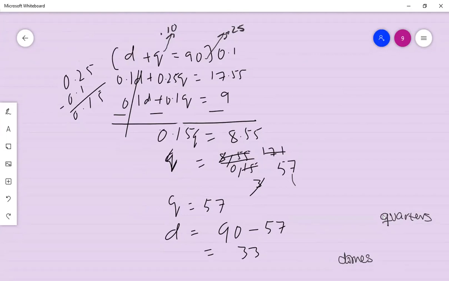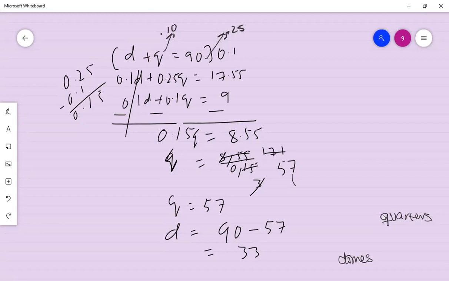All right, so D plus Q equals 90, times 0.1, right? You get 0.1 D plus 0.1 Q equals 9. And then let me do 0.1 D plus 0.25 Q equals 17.55 over 0.1 D plus 0.1 Q, which equals 9.